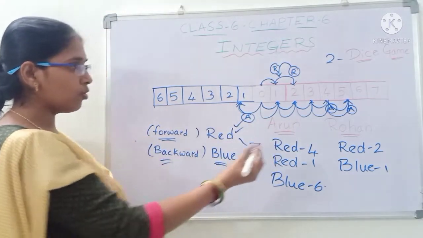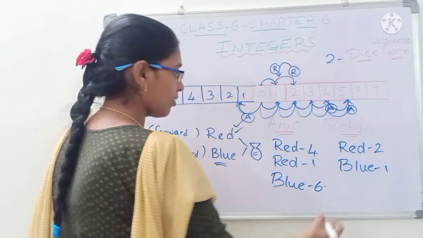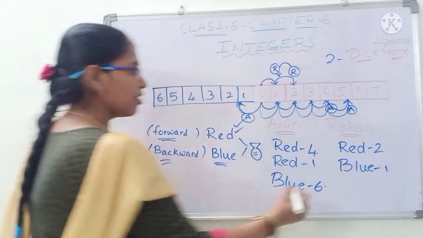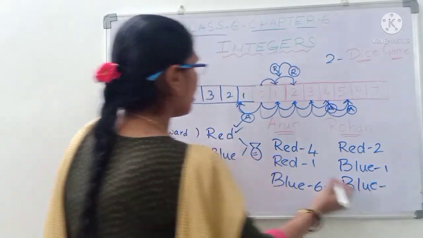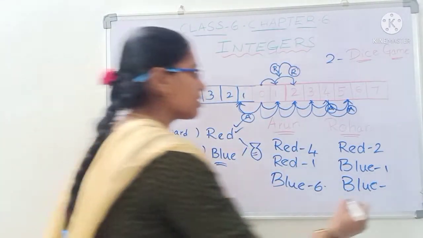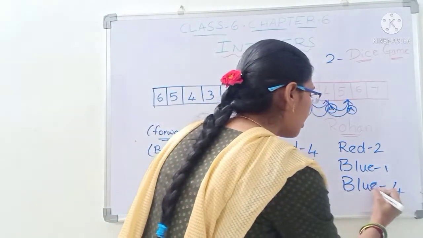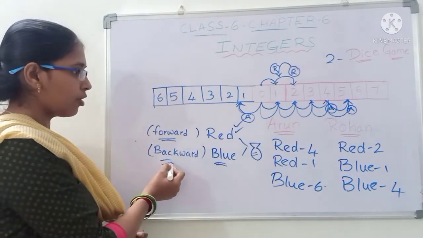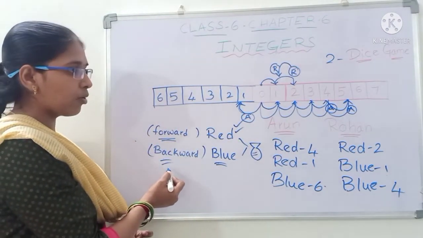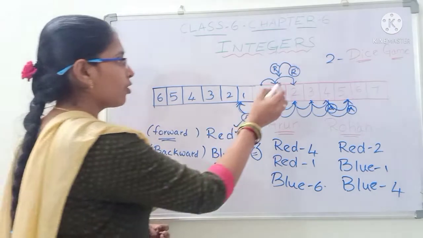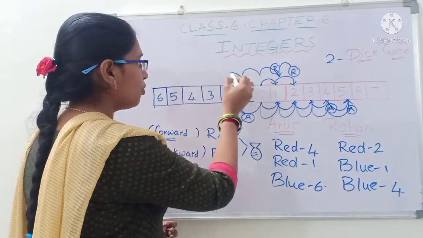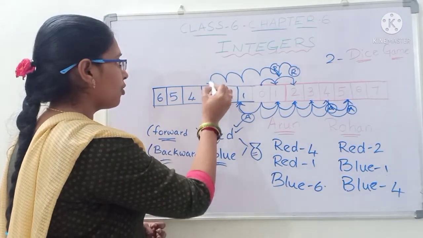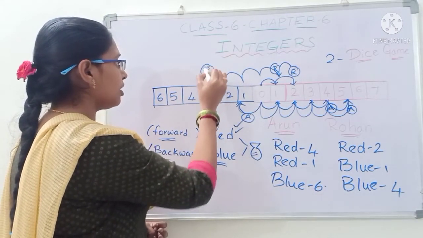Okay, now it is the chance of Rohan. Rohan picked a dice. Rohan also got the blue dice, and the number on the dice was 4. So blue dice, Rohan should move backward and the number is 4. Rohan is at position 1. 1, 2, 3, 4. Rohan came to position 3.